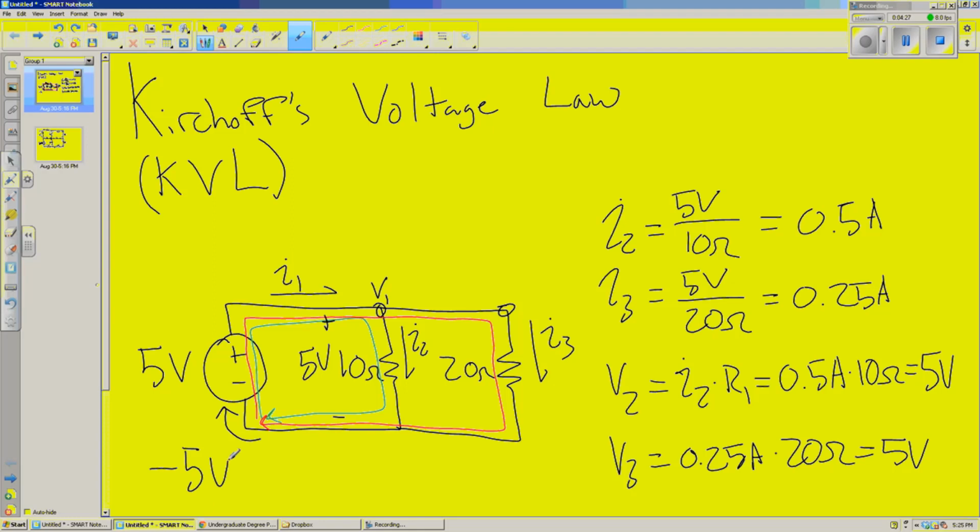Continue on across this branch, following the green. We come down here, and we hit that 5 volts that we burn up in that first resistor. We hit the positive side, so we add it: 5 volts. And what do we get? Aha! 0 volts. So our law holds. And hopefully you'll be able to do the second one on your own, because that too is 5 volts.